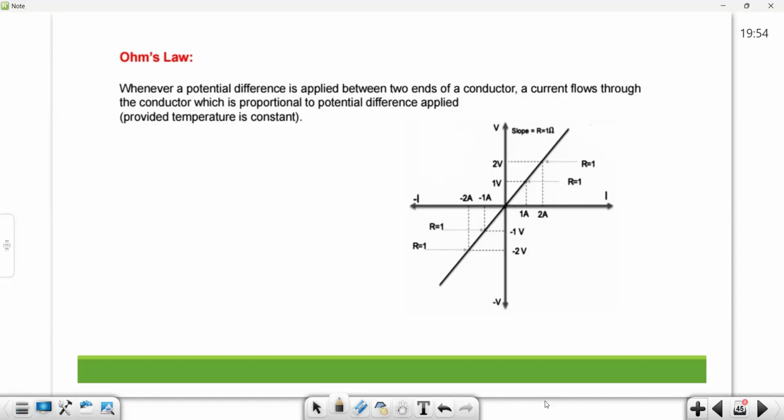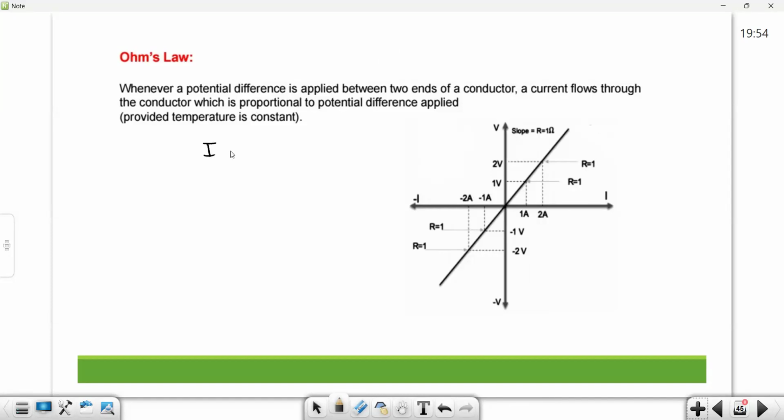What is Ohm's law? Whenever a potential difference is applied between two ends of a conductor, the current flowing through the conductor is proportional to the potential difference.